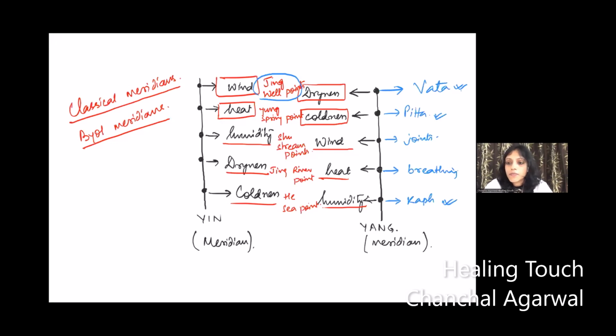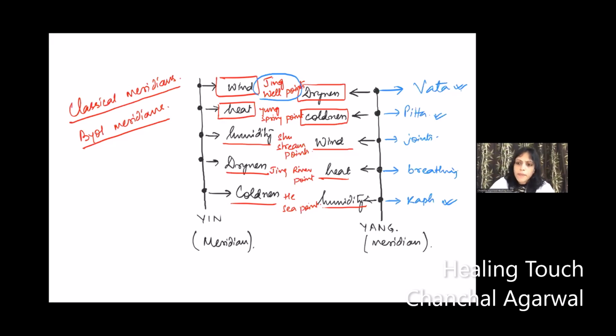On the sea point, on the middle joint. So this becomes so simple because most of the chronic ailments are nothing but cough disorders, because it has crossed the Vata and the Pitta stage. It has come to the cough stage. So any old ailment, any cough related disorder, for that you can choose coldness plus humidity point.